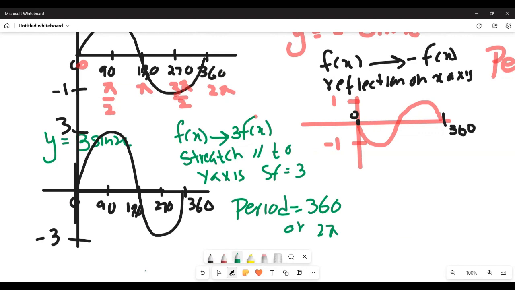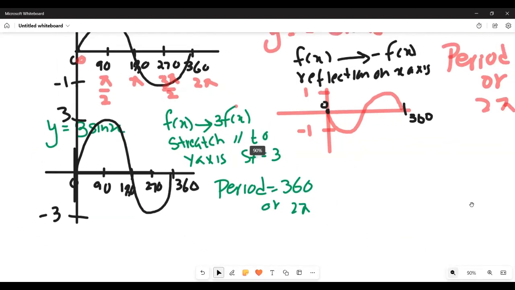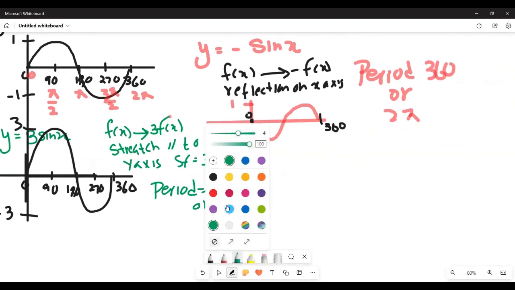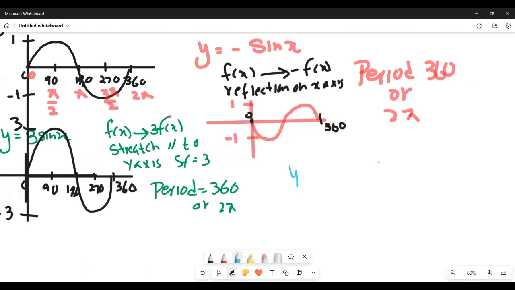Okay. Now let's discuss the graph of sin x plus 2. y equals sin x plus 2.